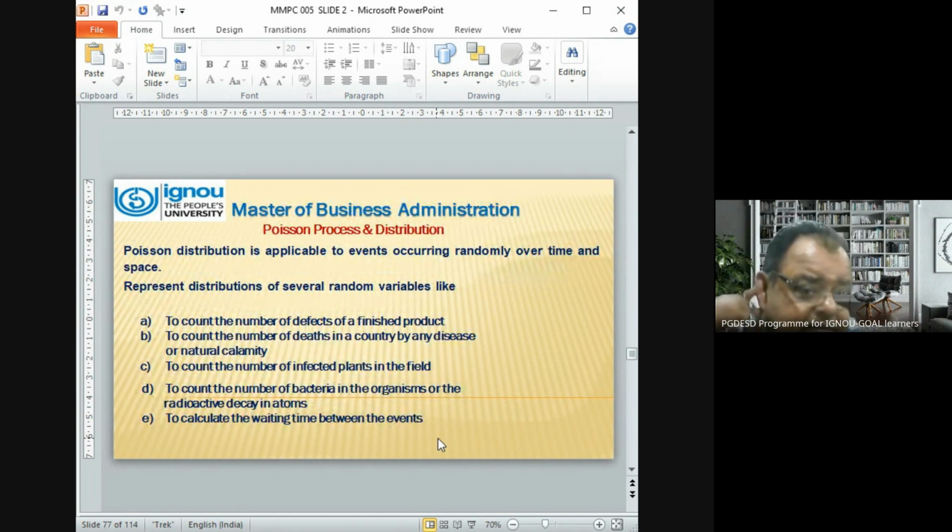Next is the Poisson process and distribution. Poisson distribution is applicable to events occurring randomly over time and space.